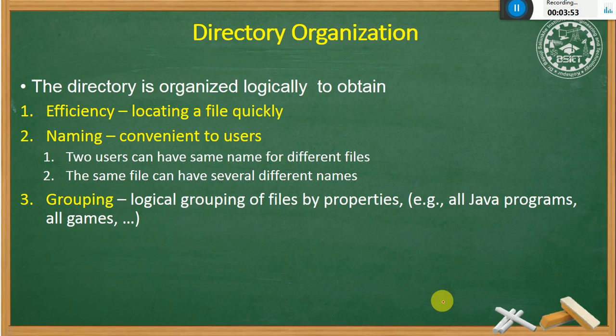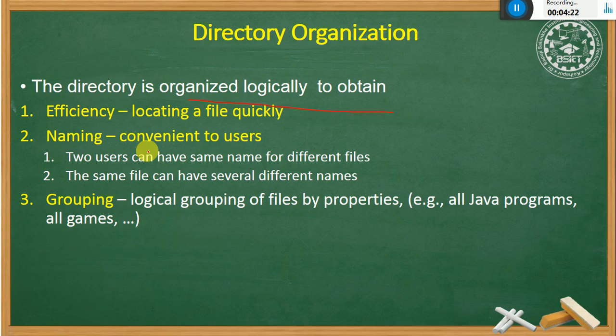So, directory organization: basically a directory is a container of files. It is a logical container of your different or same type of files. Basically the purpose of a directory is to access the logical file efficiently and quickly. Second, naming: using a specific directory name we can segregate the data into different parts.